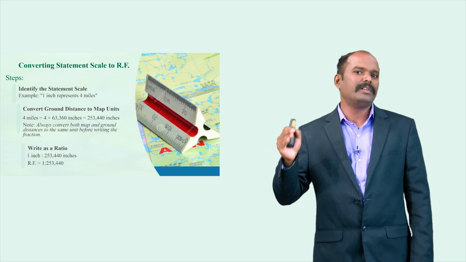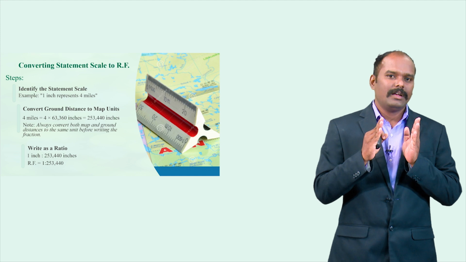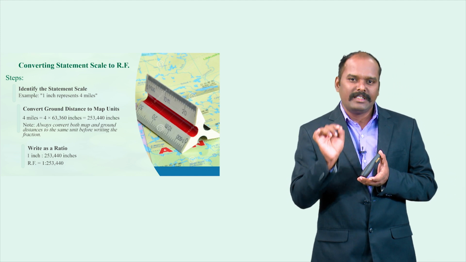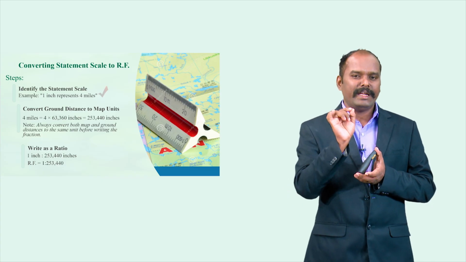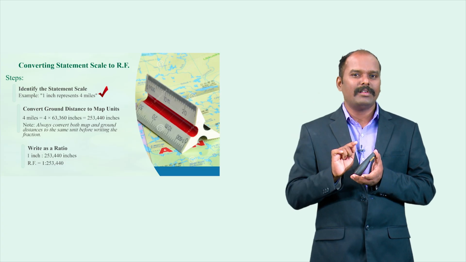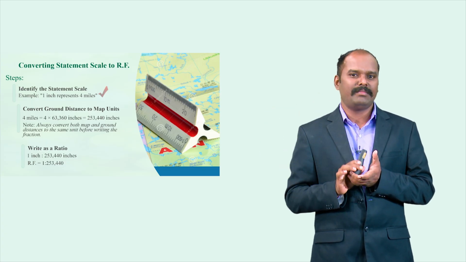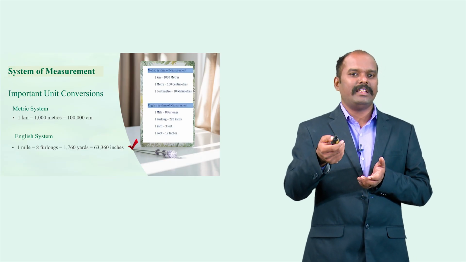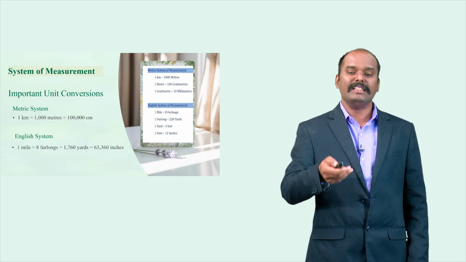How to convert? First we need to look at which system of measurement the scale is in: 1 inch and 4 miles. Inch and mile is the English system of measurement. So, you need to remember that 1 mile is equal to 63,360 inches.